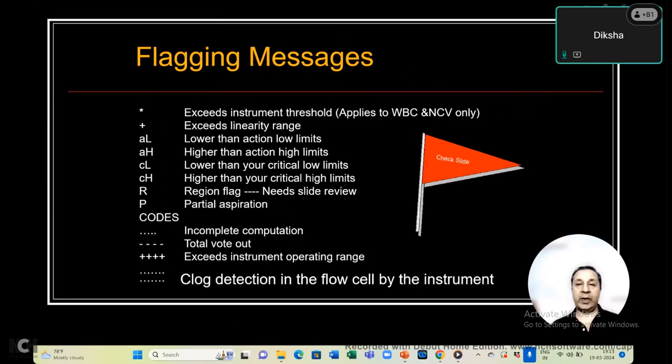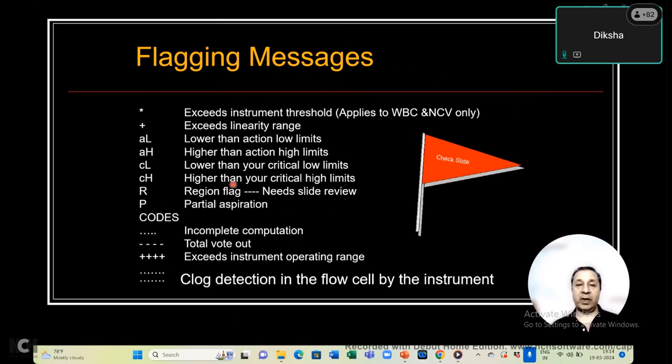Now, when you look at any analyzer-based flagging messages which come across, some of the messages are common between most of the analyzers. However, there can be specific methodology of alerting the user regarding the messages or the flags which come in from different instruments. So, getting familiar with your instrument becomes very important as far as the flagging messages are concerned.